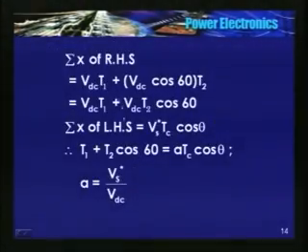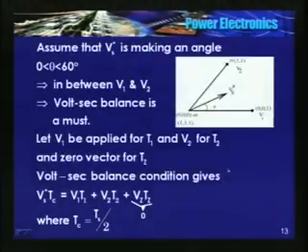So the sum of the x-axis components of the right hand side: the magnitude is Vdc into T1, because I am applying V1 for T1 seconds. So Vdc into T1 is the x-axis component. Vdc into T2 into cos 60 is the x-axis component of V2 into T2.